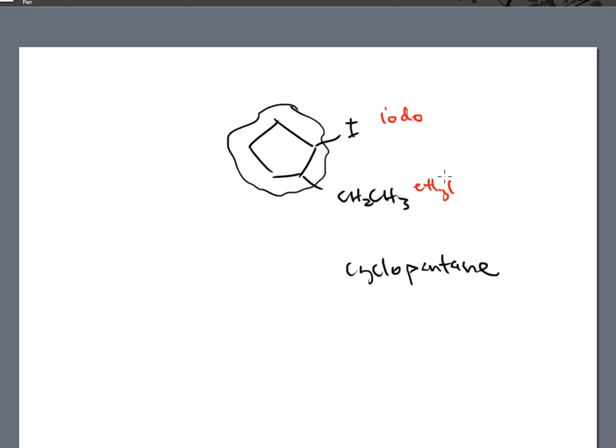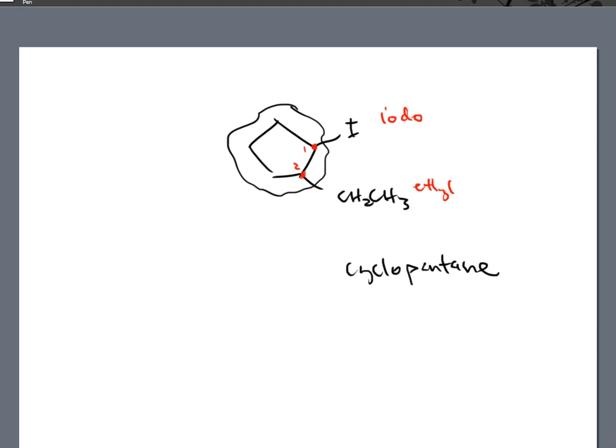Because the I is a little special, and because this is a ring, how do we number this? 1, 2, or 1, 2? Well, this carbon will get the 1 spot, and this one will get the 2 spot. I want to give preference to the halogens whenever they show up.